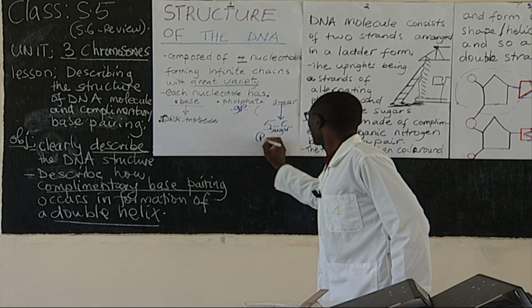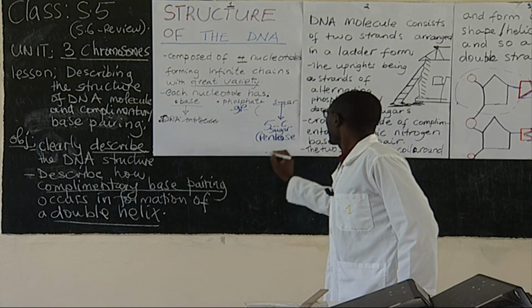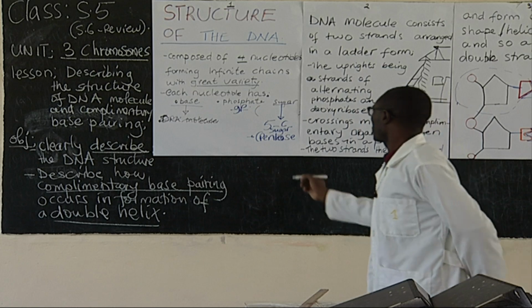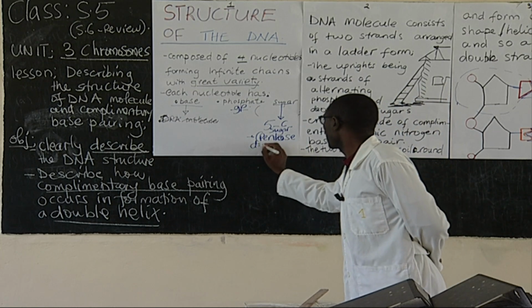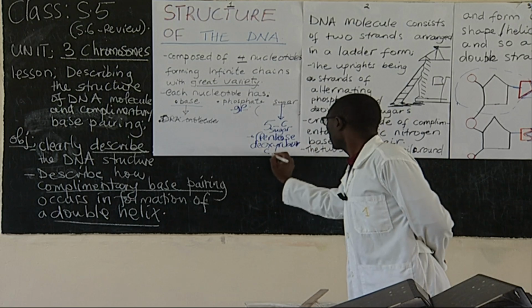So we call it a pentose. And remember, based on the structures, then we shall look at this as a deoxyribose sugar.